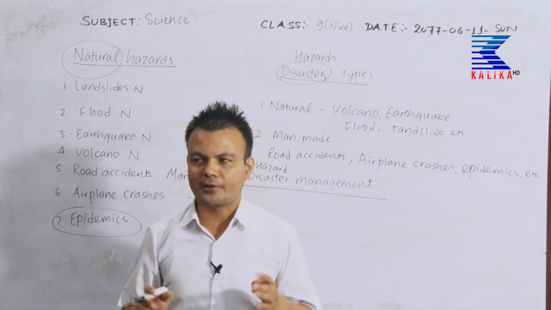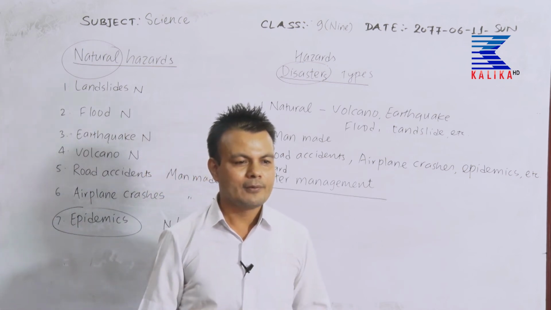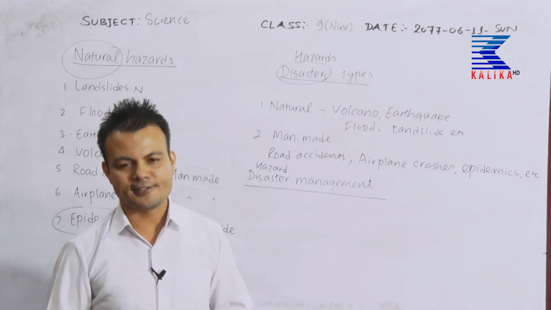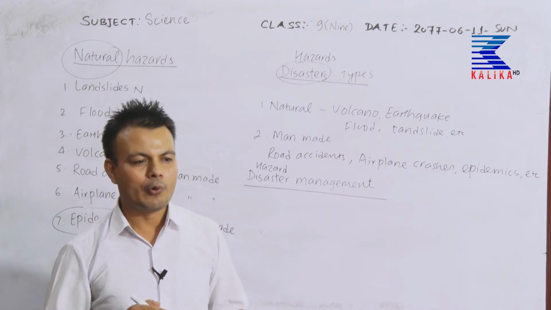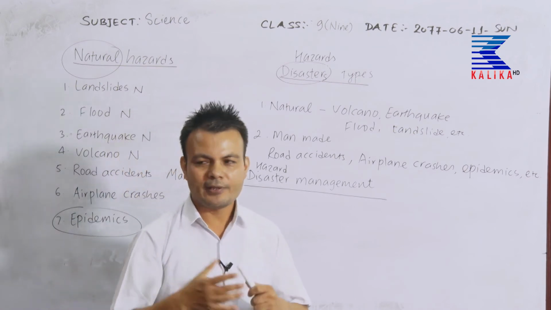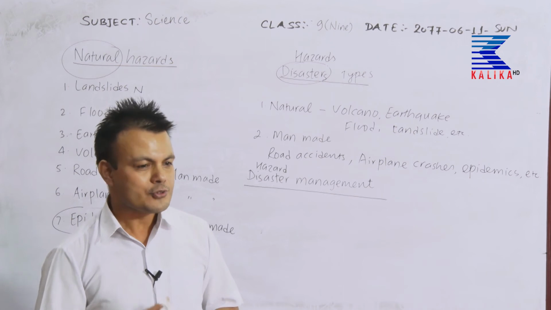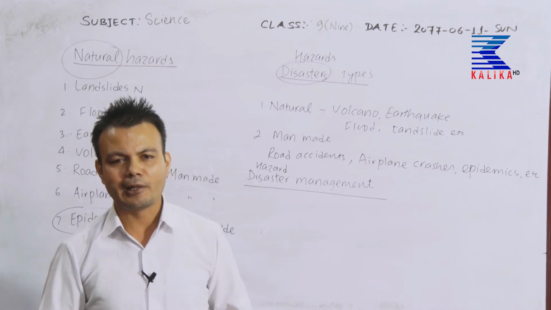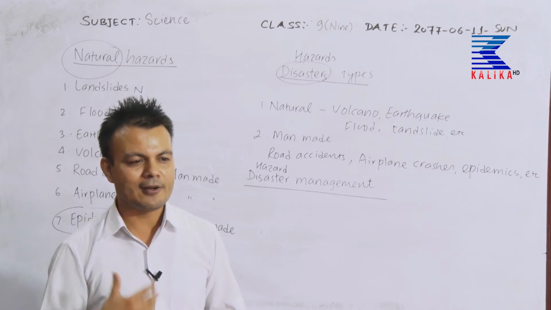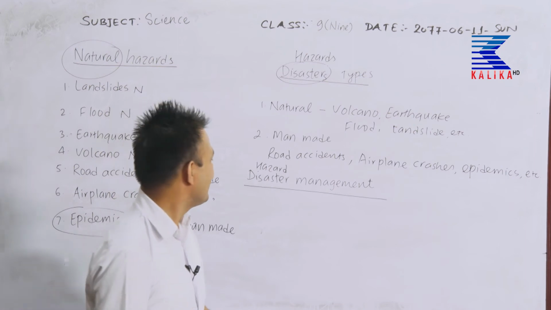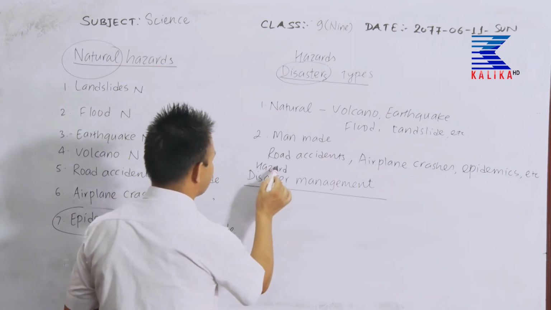For example, volcanoes and earthquakes, we cannot stop them, but we can minimize the risk or the damage caused by them. Such things that we implement so that we experience less loss are known as disaster management.